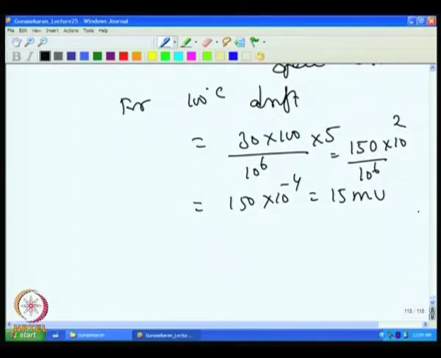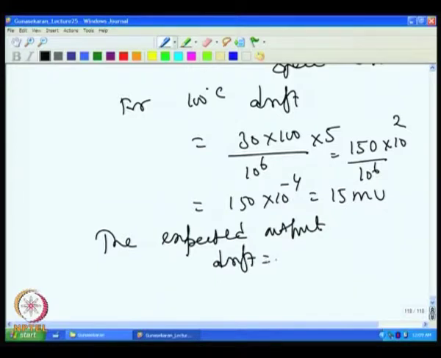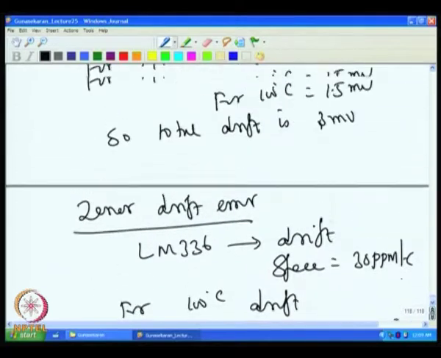So, the expected output drift is 30 millivolt.